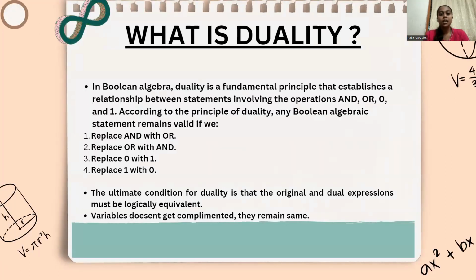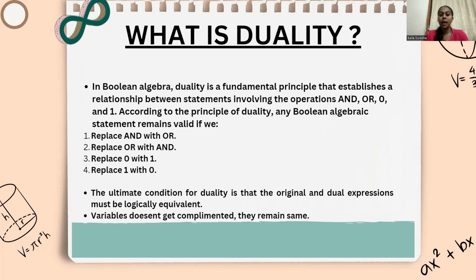In Boolean algebra, duality is a fundamental principle that establishes a relationship between statements involving the AND operator, OR operator, and 0 and 1, which we call false and true respectively. According to the principle of duality, Boolean algebraic statements remain valid when we replace AND with OR, replace OR with AND, replace 0 with 1, or replace 1 with 0.